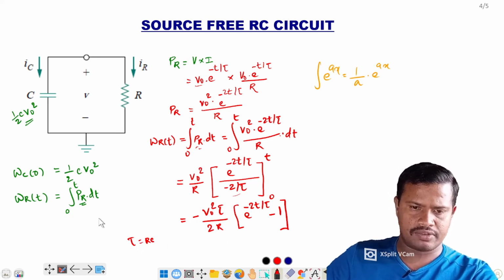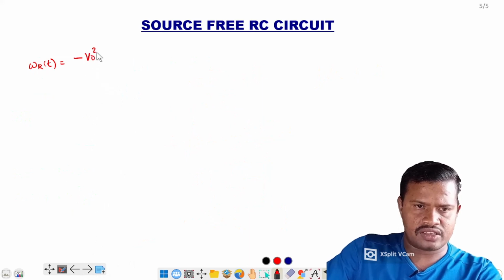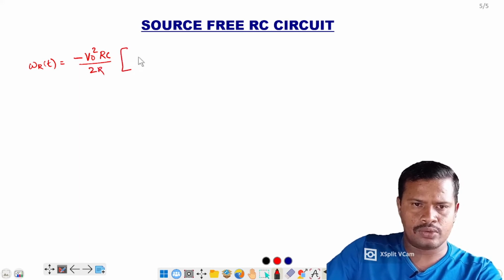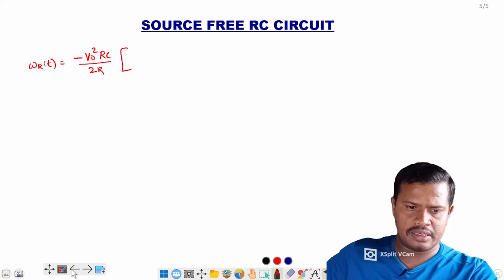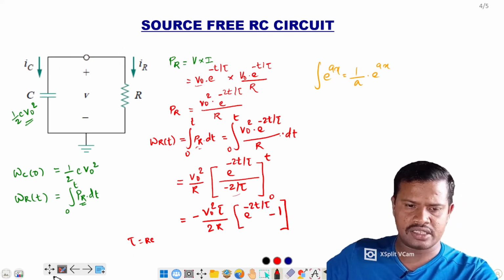So the equation will become negative V naught square into RC by 2R into e to the power of minus 2t by tau minus 1.